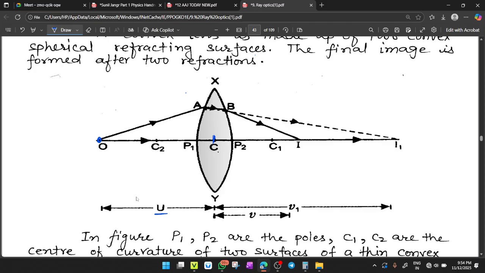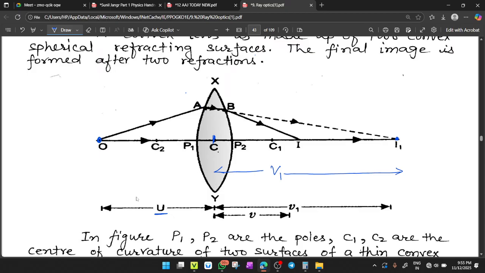Now, the first refraction will take place from the left face A. The first image made by the first face is I1, the intermediate image made by the leftward face. The distance of this image is V1. Make it very clear, V1.